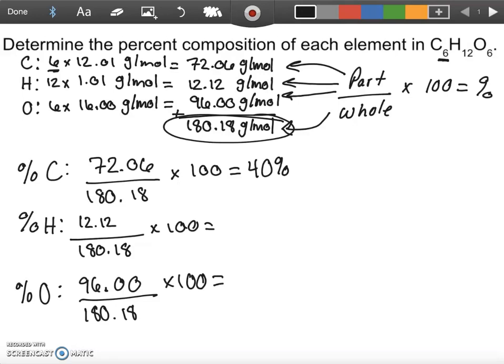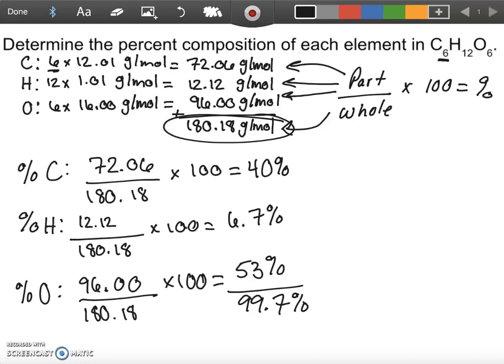Multiply that by 100, and that's going to get you about 6.7%. And then for oxygen, we'll do 96 divided by 180.18. Multiply by 100, and that's 53%. If you add these percents together, you'll come up with 99.7%, which is essentially 100, and that's a good way to check that you did this correctly.